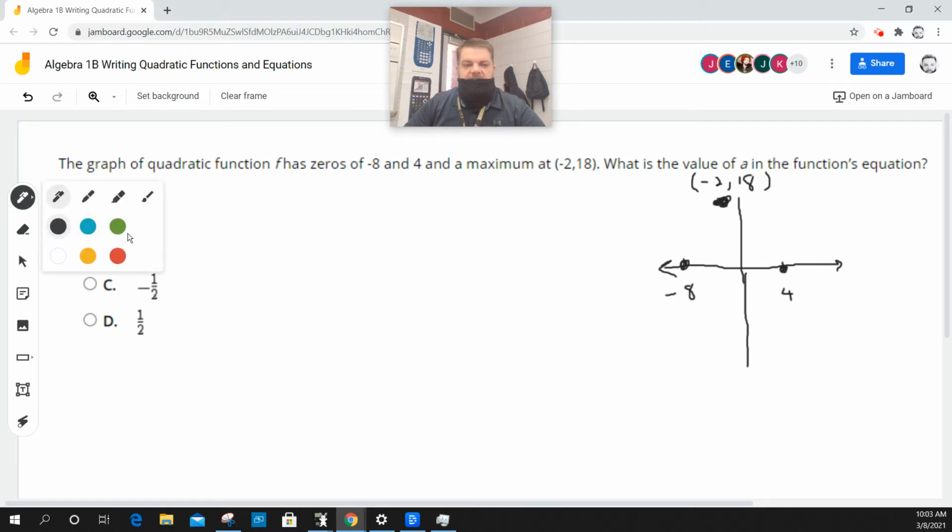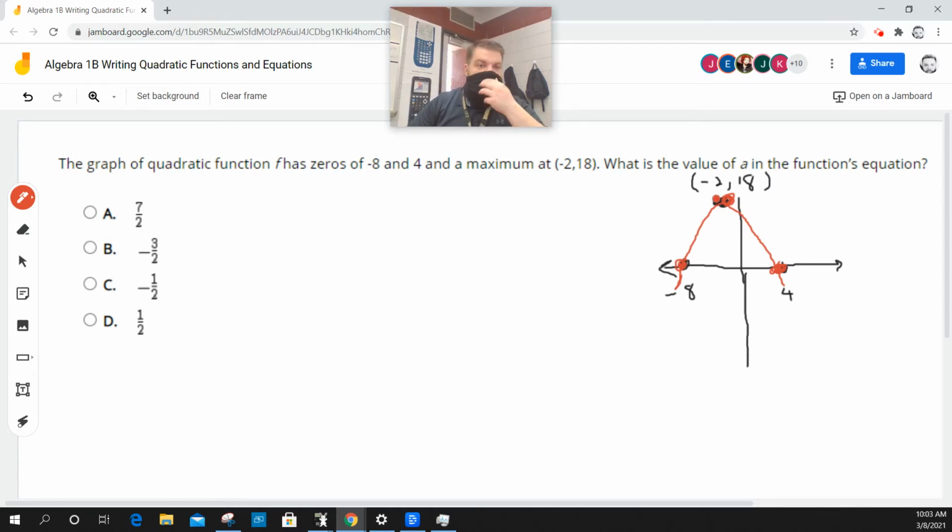So I have a graph that kind of looks like this. It's not perfectly drawn, but that's what it is. So they want us to find a. This is almost identical to the last problem we did.